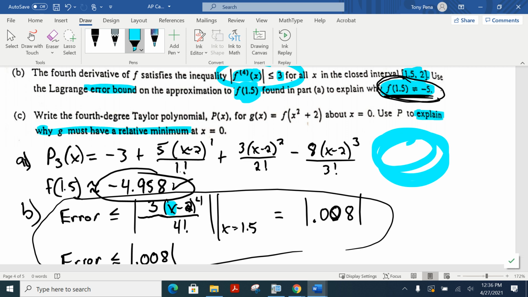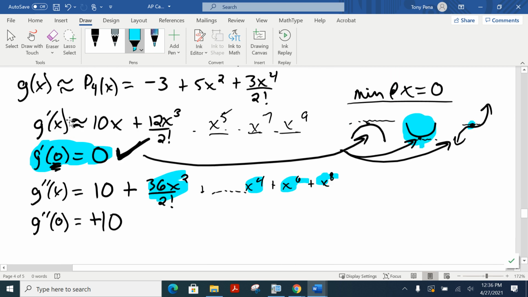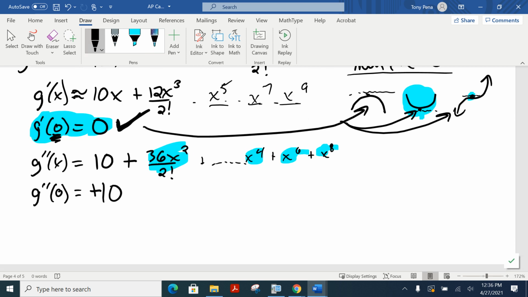Explain why there must be a minimum at x equals 0. Explain, unfortunately, and they don't do this too often, this means you have to use words. So we can't just leave this out there and let them decipher it for themselves. Explain means we have to put this into words. So we would just say, there is a min because g prime equals 0.